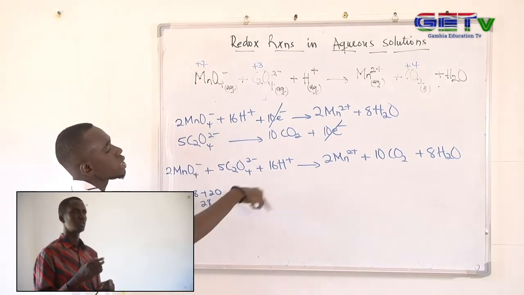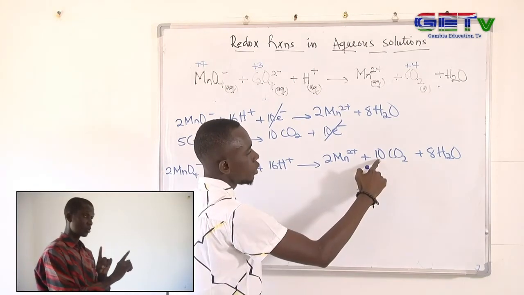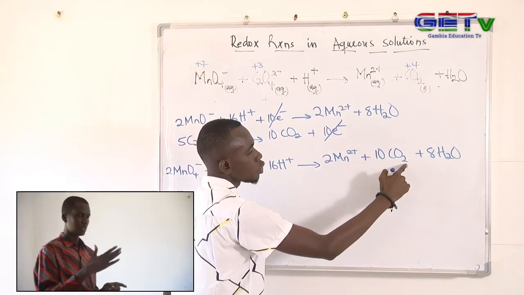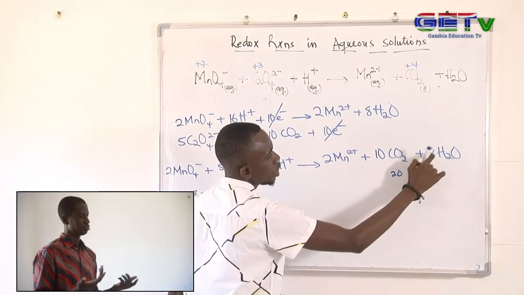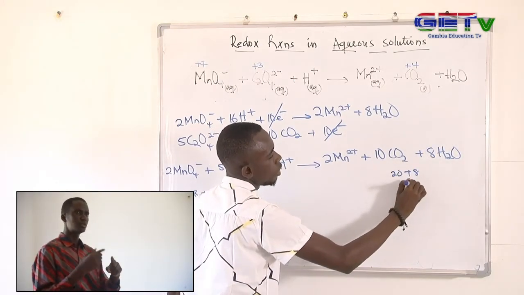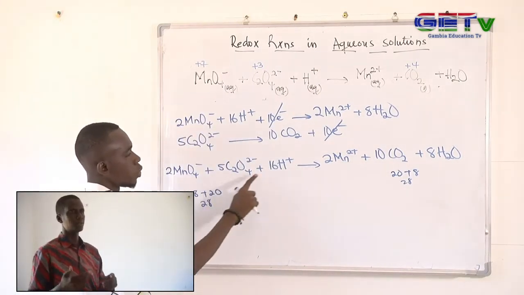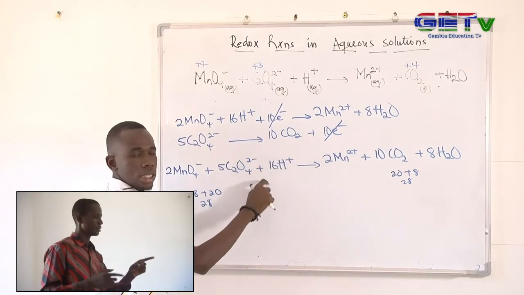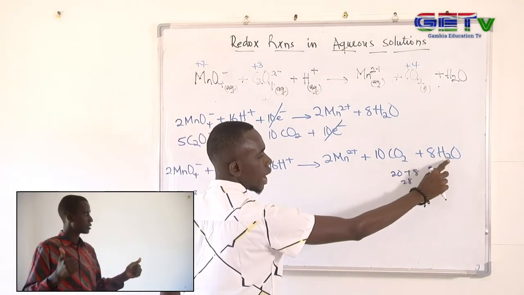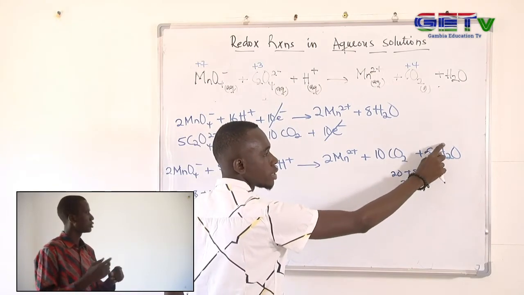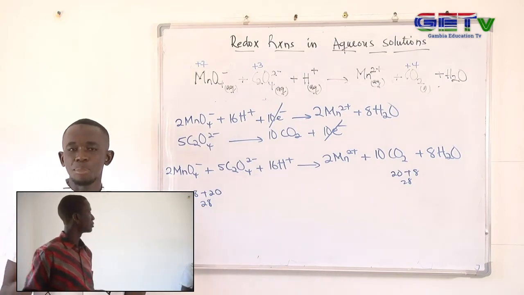That is, oxygen this side is 28. Let's check oxygen this side also. Here we have 10 times 2, which is 20, and 20 plus 8, we still have what? 28, which means oxygen also is balanced. Hydrogen this side is 16, and hydrogen atom this side is 8 times 2, which is 16, which means the mass of this reaction is balanced.